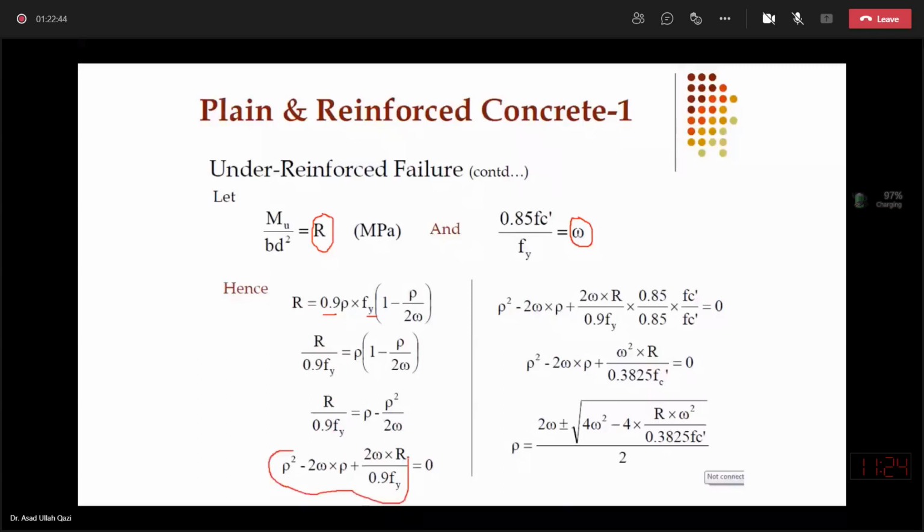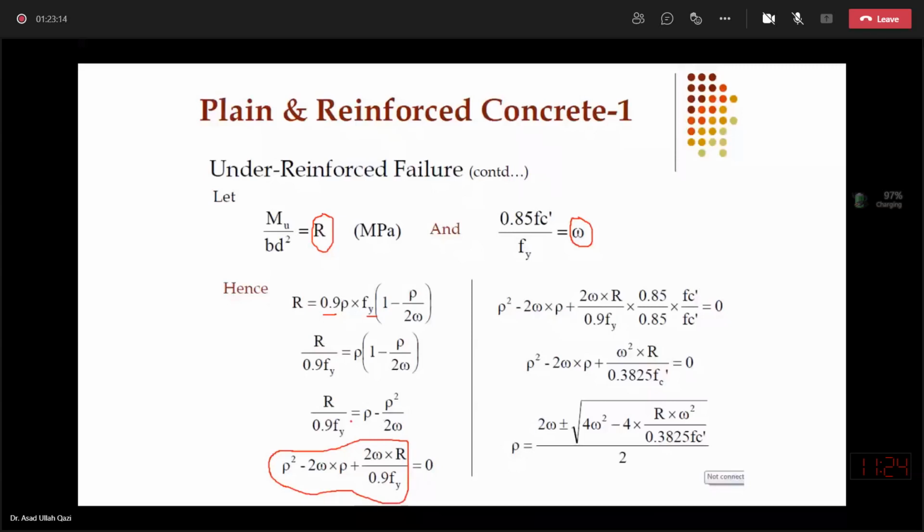So this rho square and the denominator I can cross multiply and simplify. I will get a quadratic equation of rho, and when I have a quadratic equation, I will get two roots.